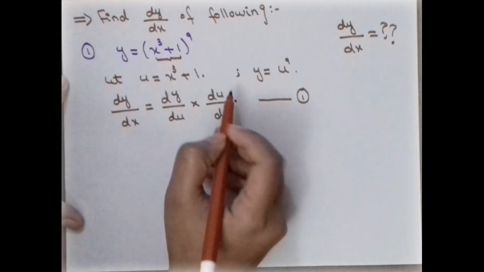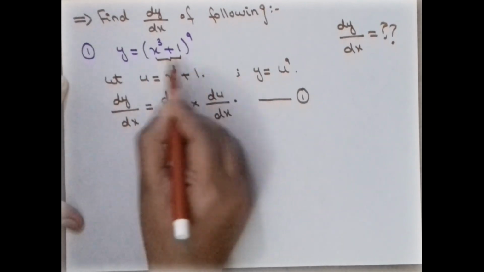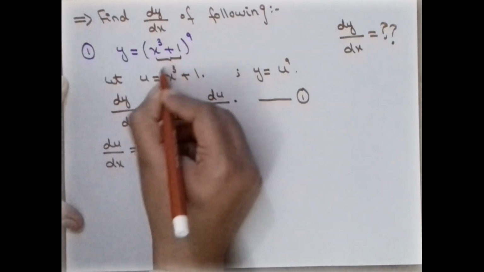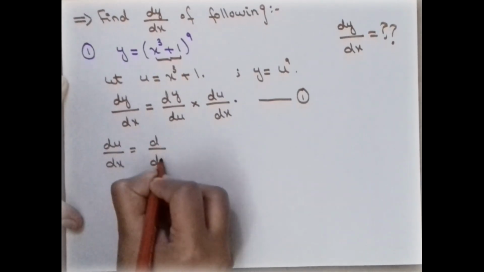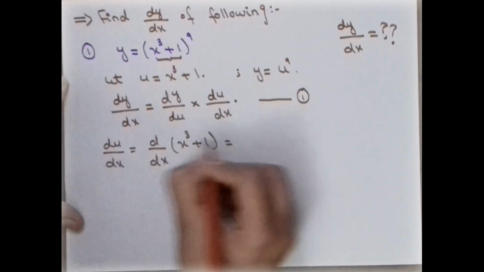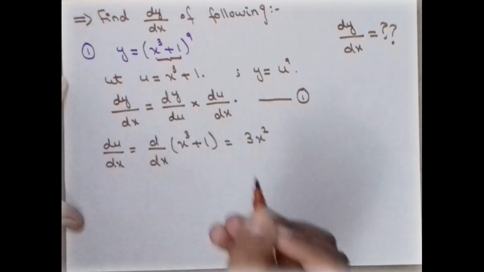We differentiate u with respect to x: du over dx equals, by the power rule, 3x square, and the derivative of a constant is 0.